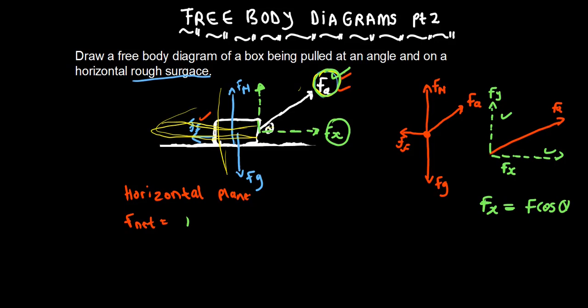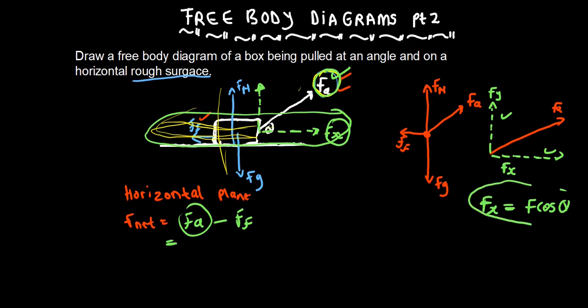So when we calculate our net force, the net force equals the force applied minus the frictional force, because these are the forces that are on our horizontal plane. But because the force applied is applied at an angle, we will substitute our horizontal force, which is Fx.